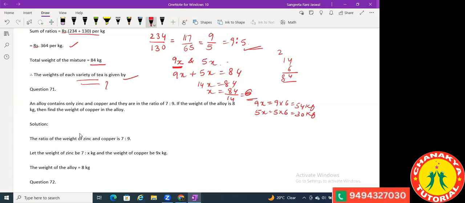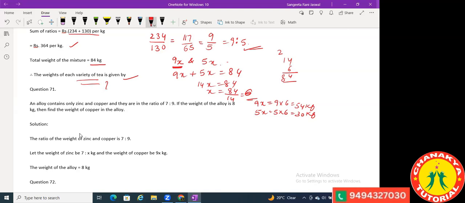An alloy contains zinc and copper, and they are in the ratio 7:9. Please don't read the ratio like this, 7 and 9. It's been a second week now that I'm teaching you ratios. Still you are reading the ratio as 7 and 9.